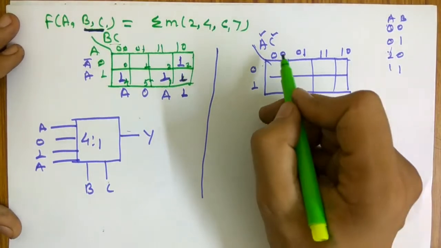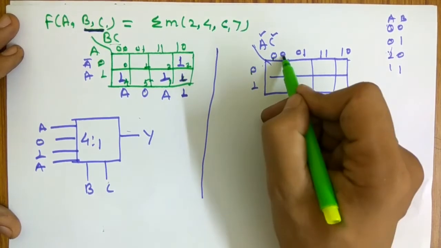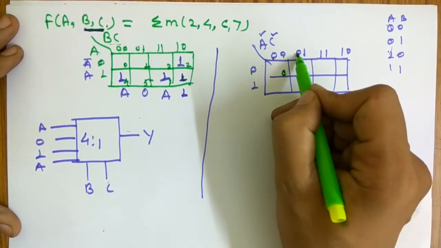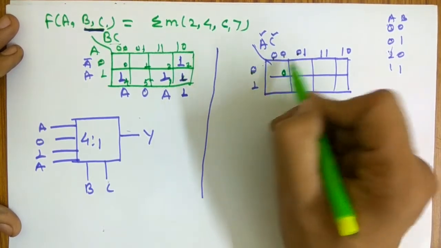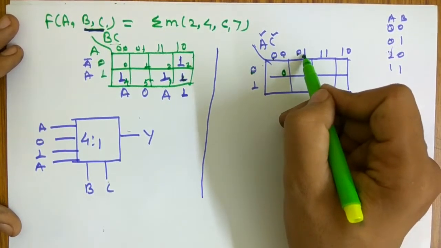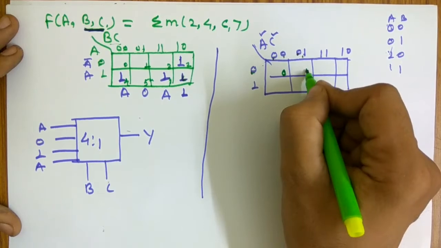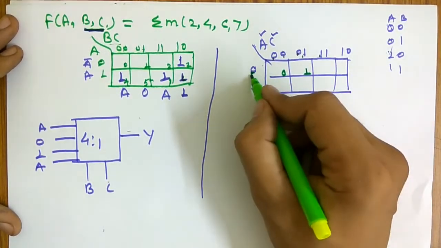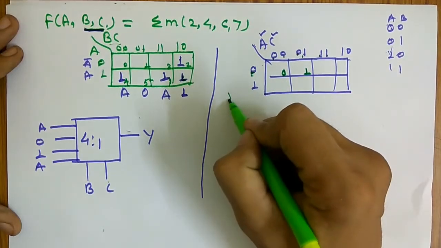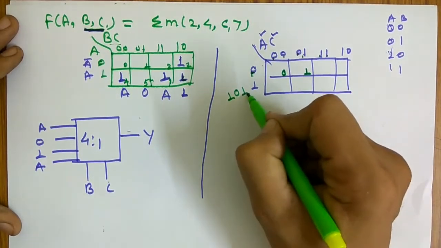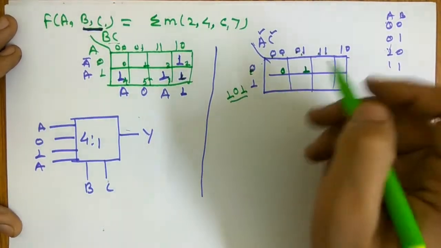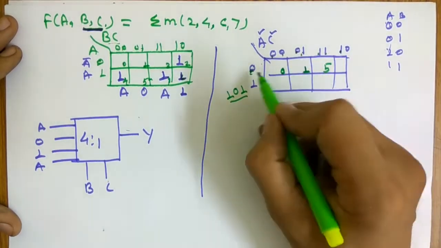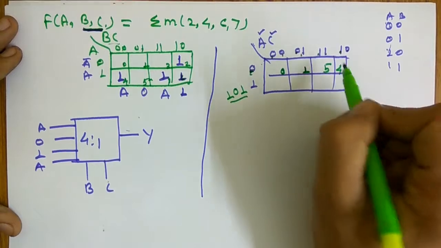Firstly A, then B, then C: all are 0, this will be 0. For this one A, B and C, this one is 1. For this one A, B and C, this is A1, B0, C1, so 1 0 1, this is 5. This is A, B and C, this is 4.